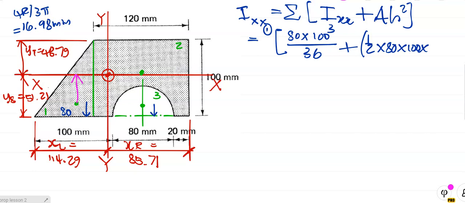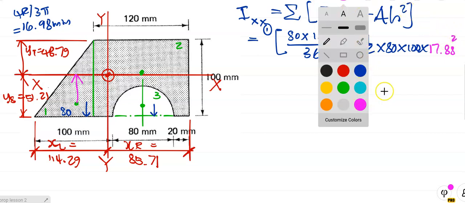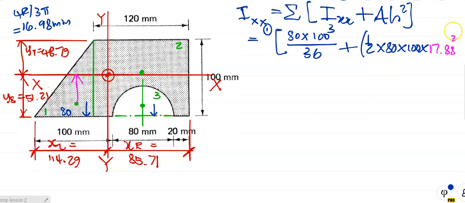So 17.88 squared. Why is it squared? Because the formula says so. Close the bracket, and then square bracket plus. Why plus? Because it's the sum of. Right, I'm doing the same for element number 2.